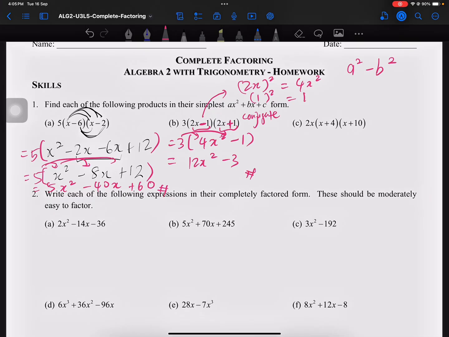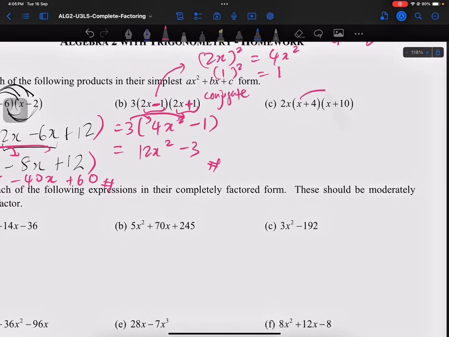Then we move on to C. Expand the bracket. It gives you 2x still outside. It will give you x squared plus 10x plus 4x plus 40.